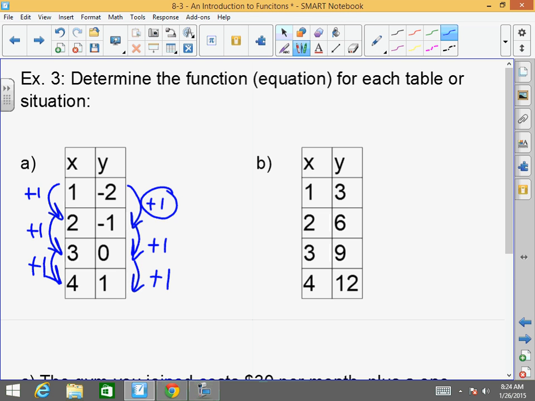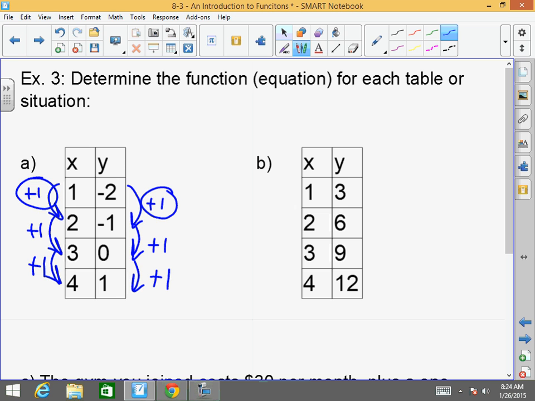Is the change in y divided by the change in x the same for each set here? So that means that it's a linear function. When the first change in y divided by the change in x is constant, it's a linear function.